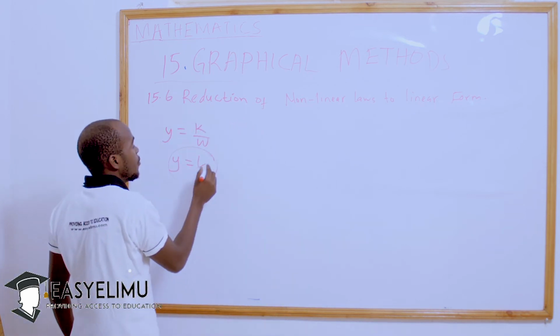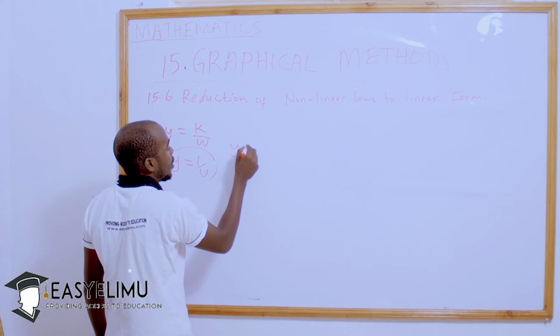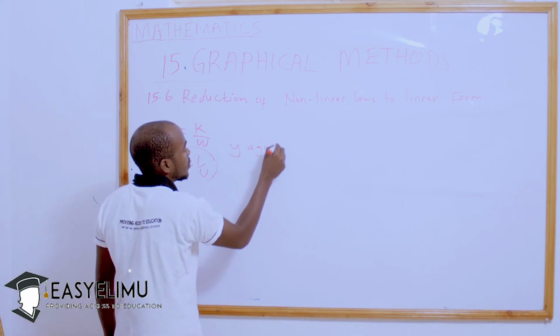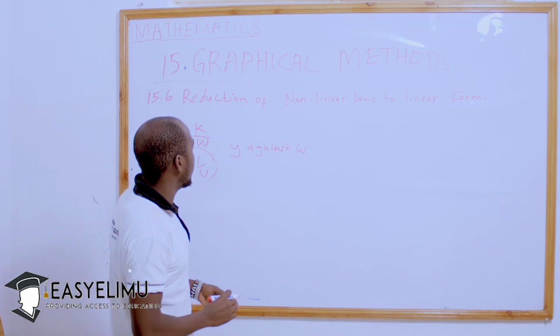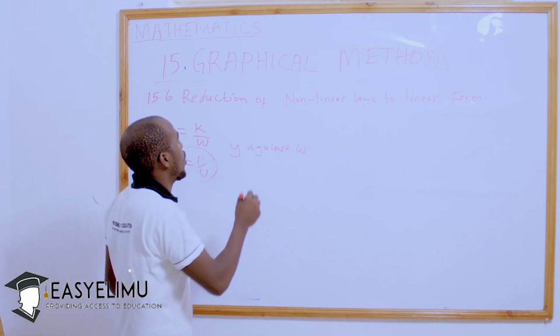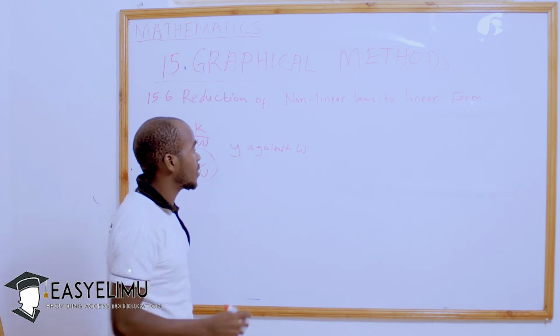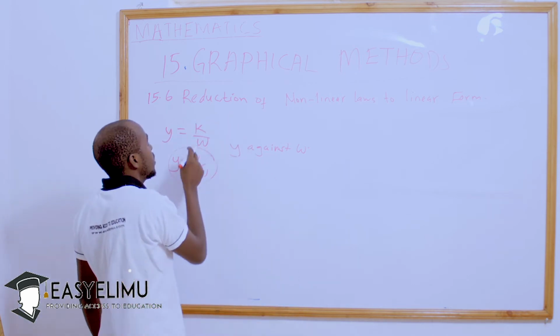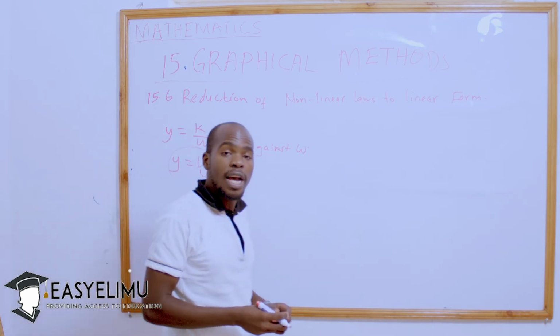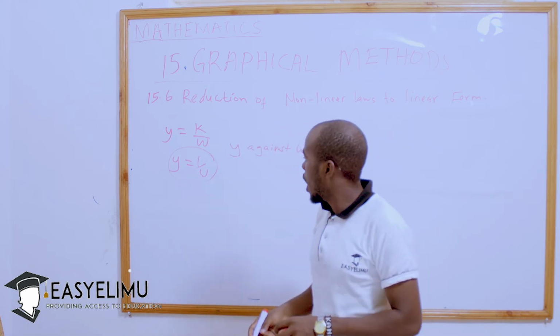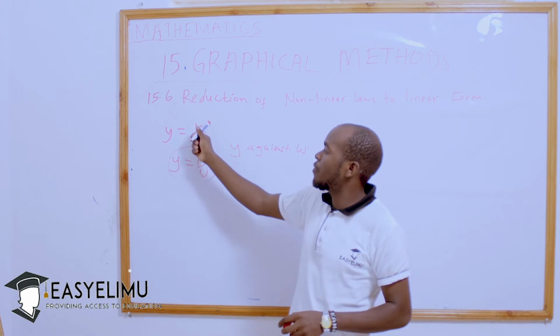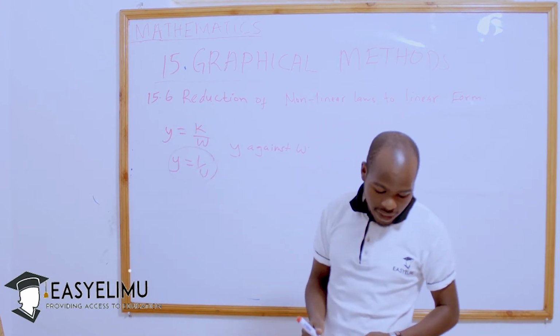But if you plot y against w, you will find it is a curve. So to avoid that, we need to reduce it to linear form.